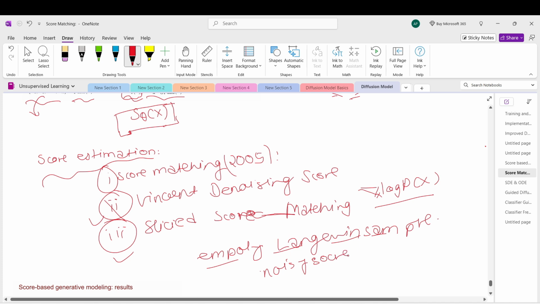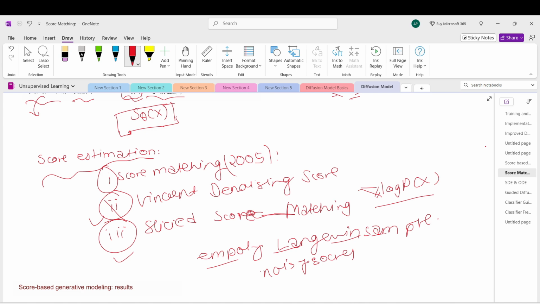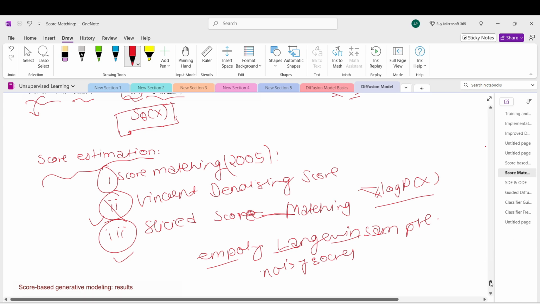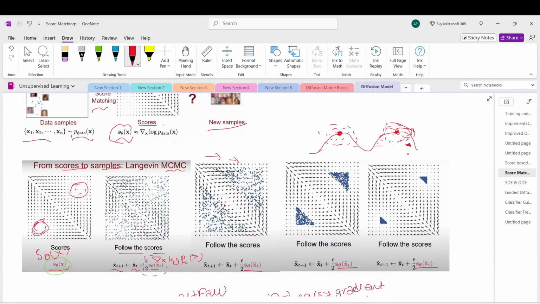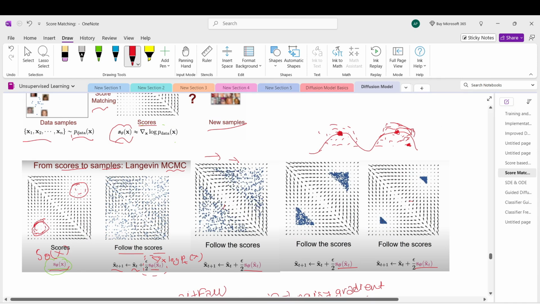It will initialize the particles towards the distribution, as I've shown here. So not all points just overlap into one point, a single minimum or maximum, but the particles spread out. This is following the noisy score.